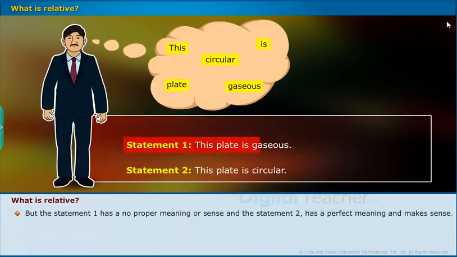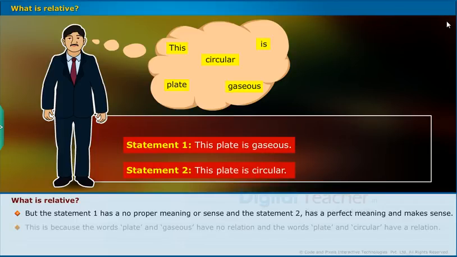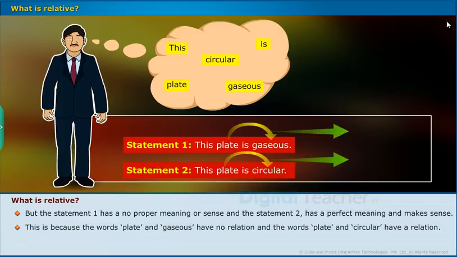But statement 1 has no proper meaning or sense, and statement 2 has a perfect meaning and makes sense. This is because the words plate and gaseous have no relation, and the words plate and circular have a relation.